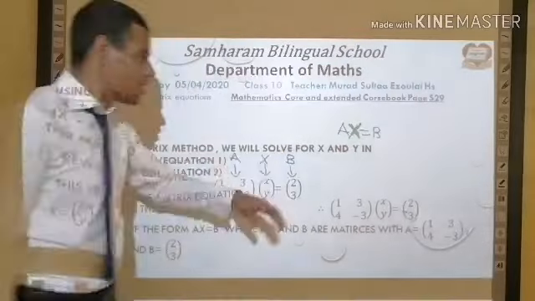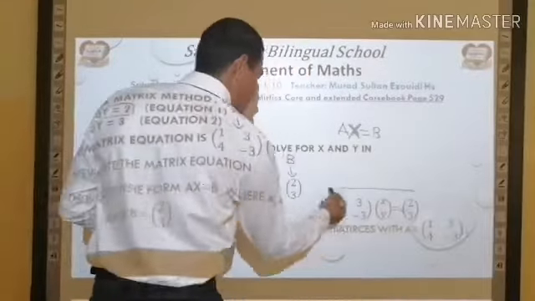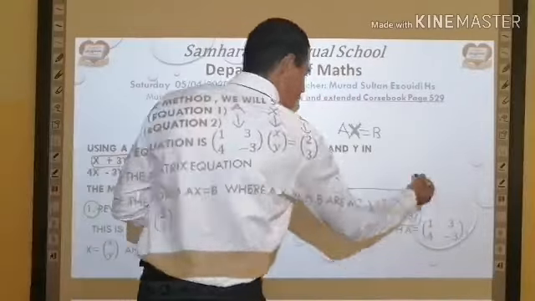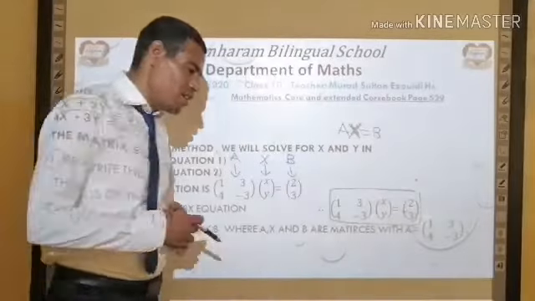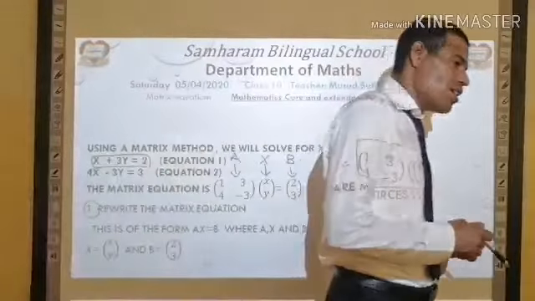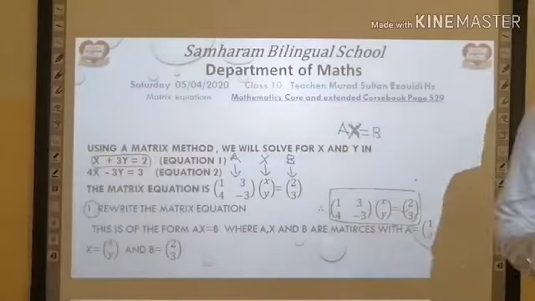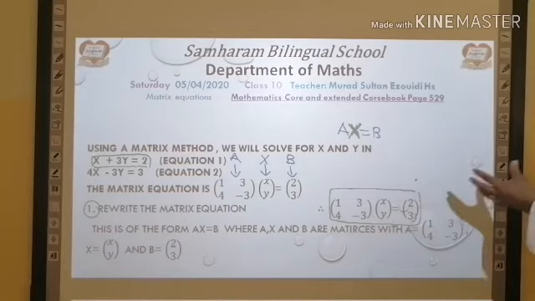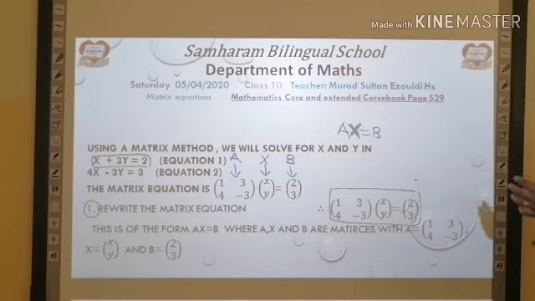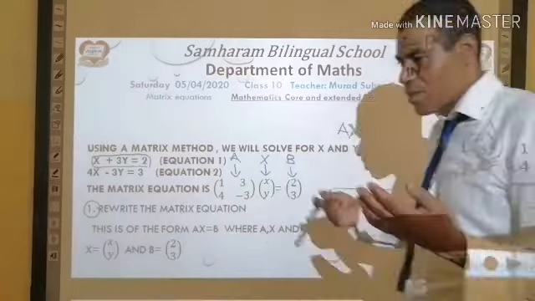This one, my kids, is called a matrix equation. It's easy. For example, when you solve an equation, sometimes you should find the inverse of some coefficient to isolate x or y. In the case of a matrix equation, you should also think of taking an inverse of a matrix.